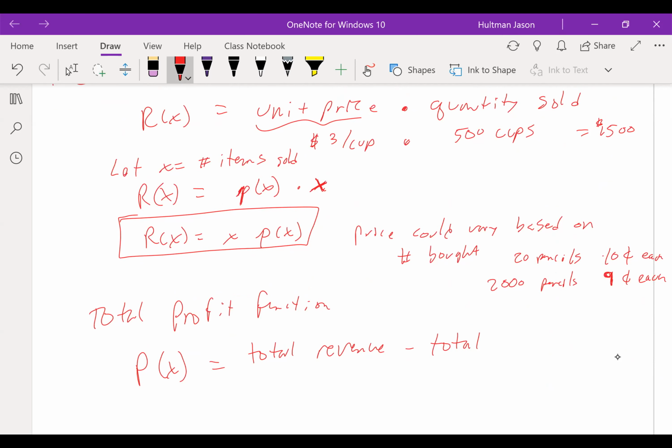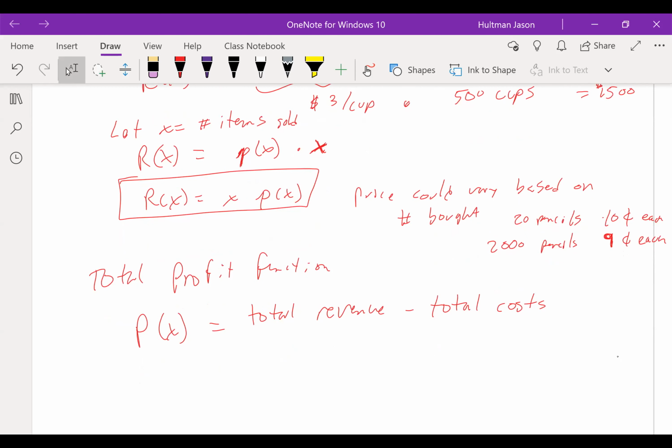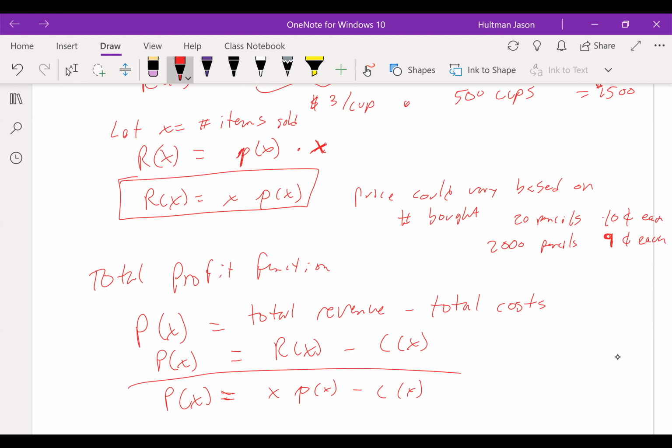And they're both based on number of items sold. So this is R of X minus C of X, the total profit function. And we could say that P of X is X times p of X minus C of X. And there could be fixed and variable amounts in our costs as well, which we'll get to later.